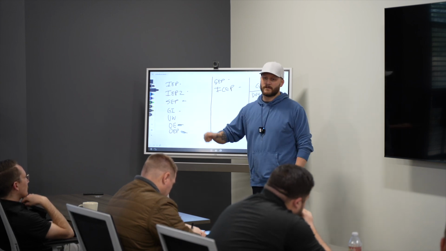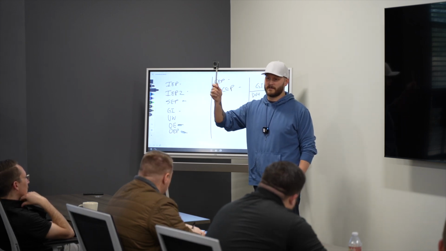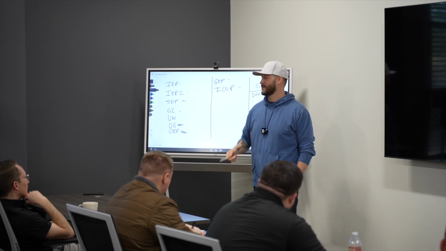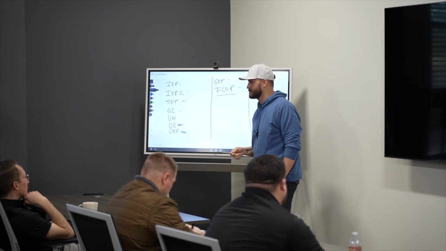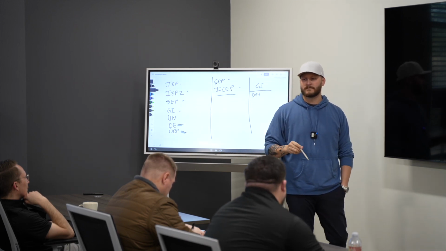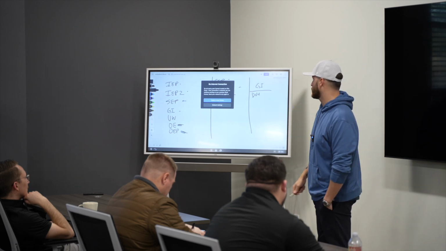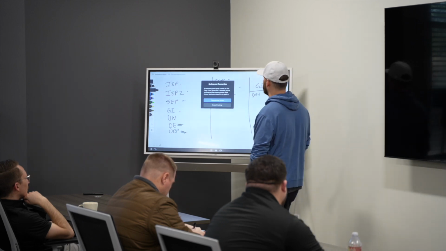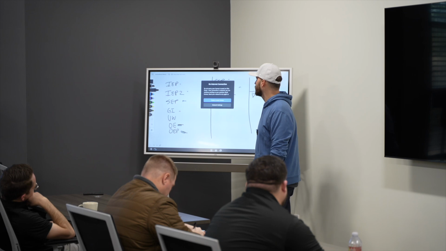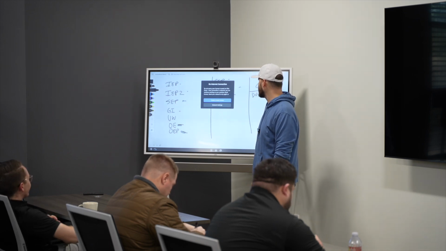ICEP. Somebody explain ICEP. You know it, Stephen? Yeah. So ICEP is the initial coverage election period, meaning this is the first time I actually qualify to enroll in a Medicare Advantage plan, right?